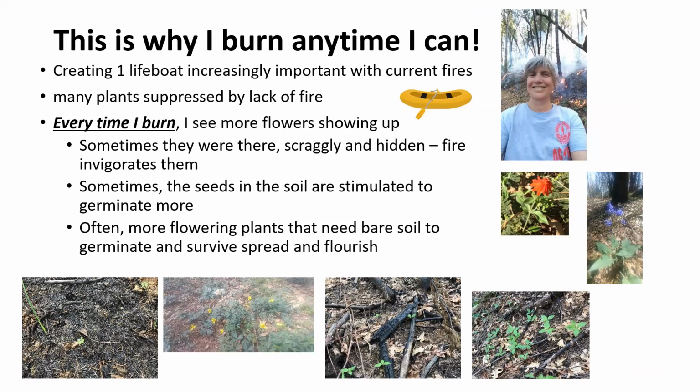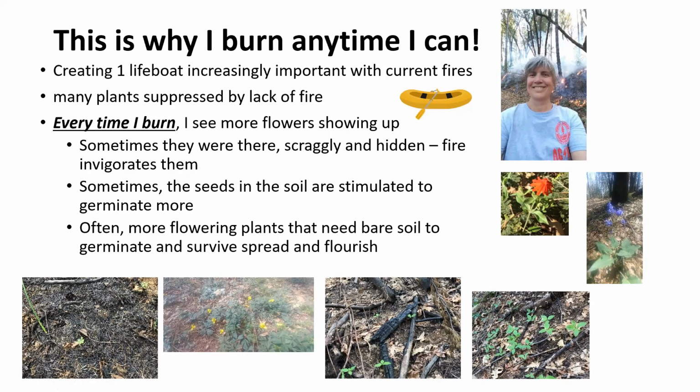The very fuzzy picture is of violets, in areas that I've burned repeatedly right next to my house and raked. There are just patches of violets I never had before. And the ones on the right, those are star flowers. I didn't even know those were there. I'd seen one or two on my moist slope, but now there are fields of them.